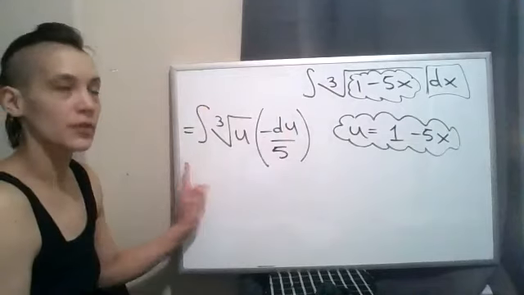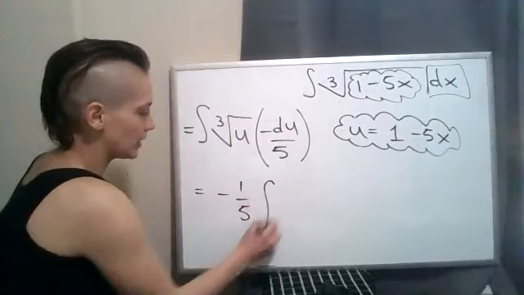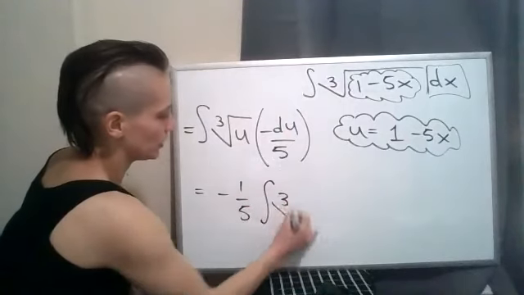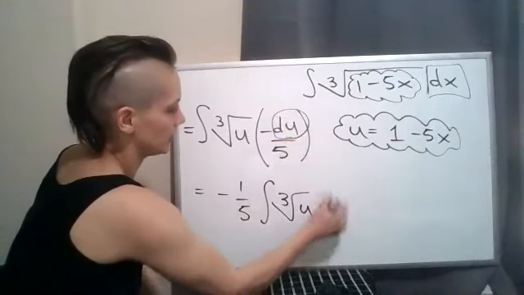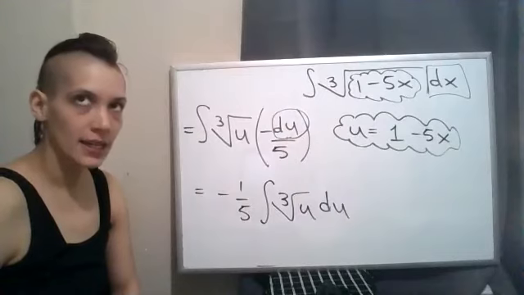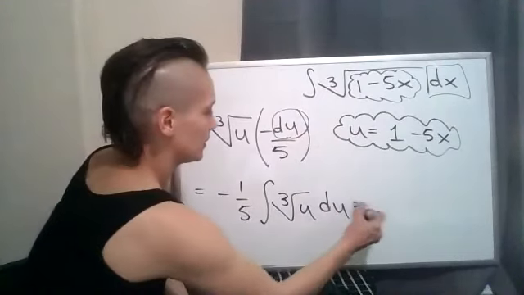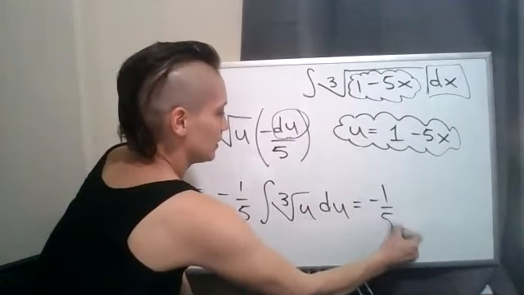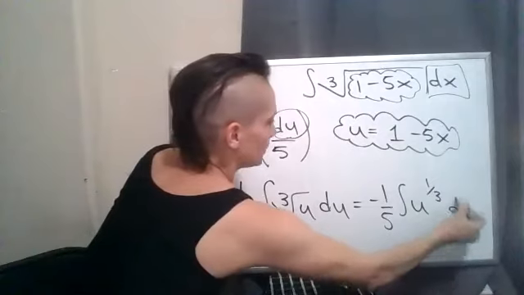I'm going to bring the 1/5 in the front. And then have my integral sign, the cubed root of u. Oh, there's my du, right in there. So u to a power of 1/3, du.